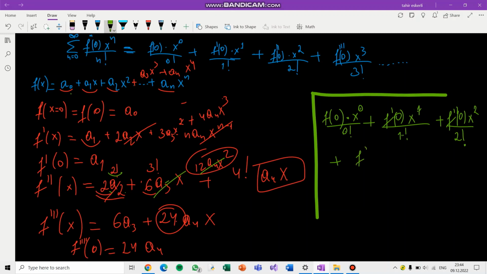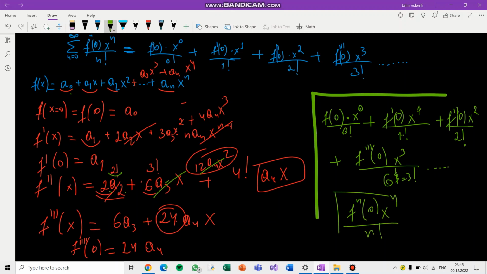The next term will be f triple dash 0 x to the power 3 divided by 3 factorial, which is 6. And we got the final formula, and these terms will continue till infinity, where f to the power n 0 x to the power n divided by n factorial will be our last term.